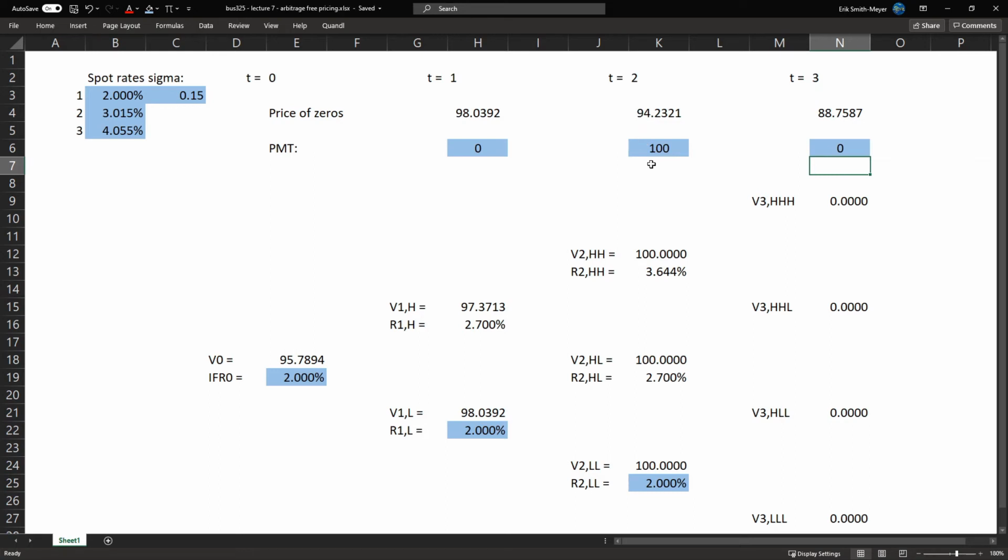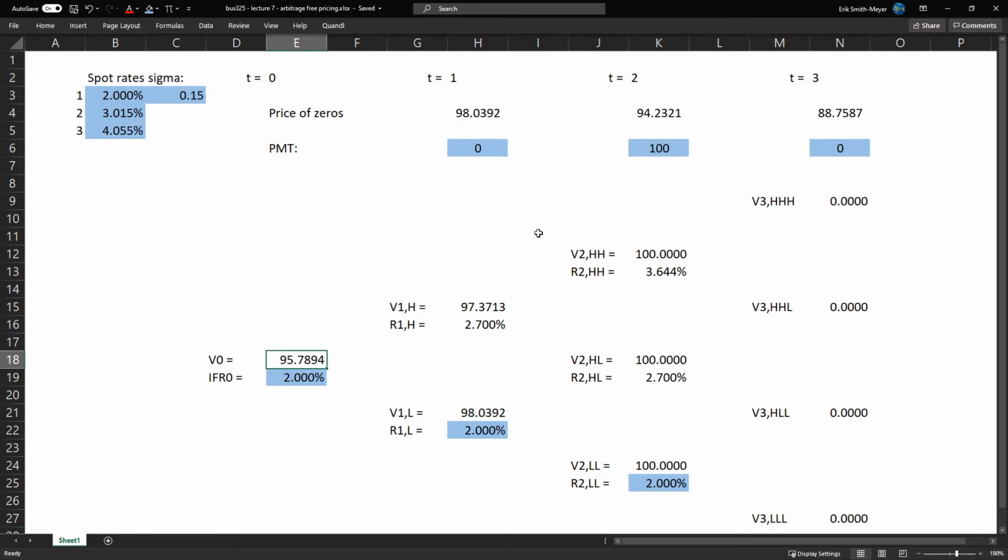So this is a 0 coupon bond. Okay? And we would like to get the present value of this bond equal to the present value of the bond observed in the market. Okay? And here we can see that our value is 95.7, but the observed market value for this kind of bond is 94.23.